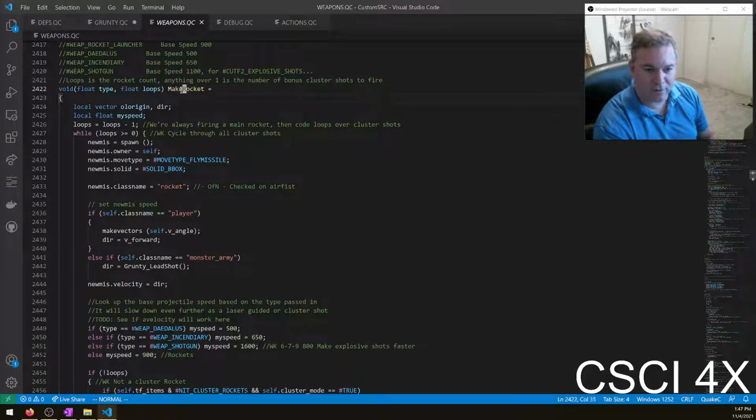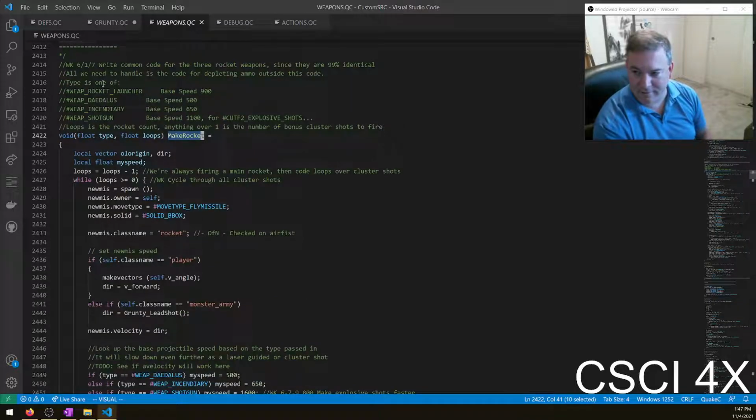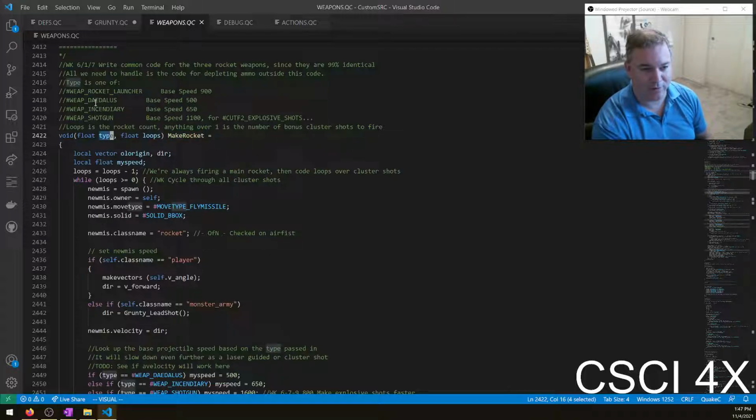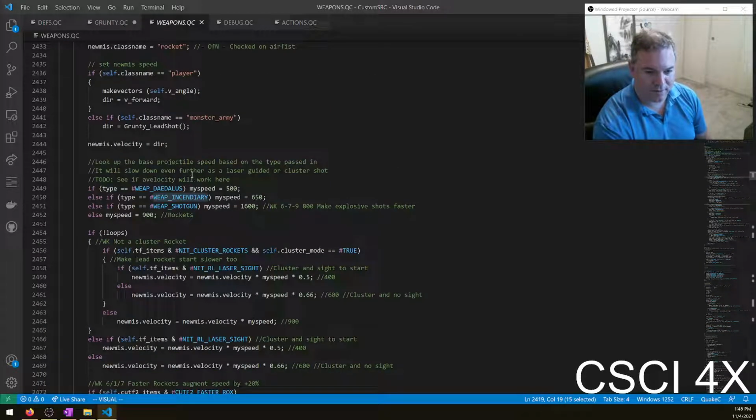So there is a function called make rocket, and there's a bunch of different weapons that can all make a rocket projectile. I noticed that we had the same code copied and pasted over and over again. So what I did was I combined them into one function, and then you just pick out which one you're doing. Are we making an incendiary cannon, rocket launcher, that kind of stuff. And if it has lasers, it goes slower than a normal rocket.